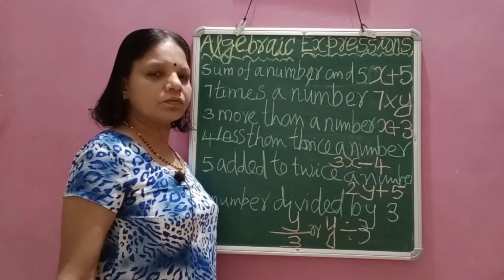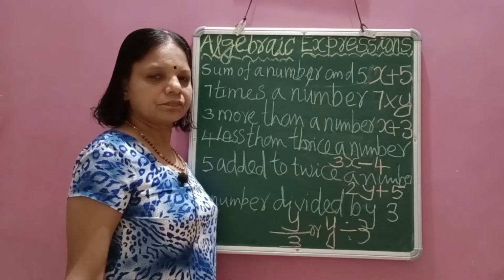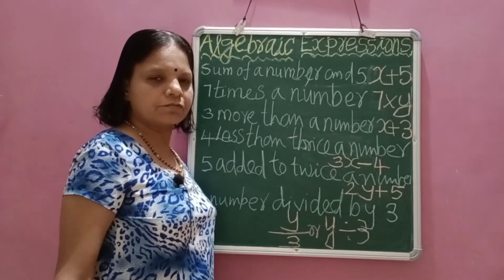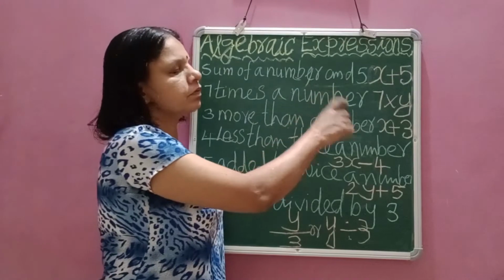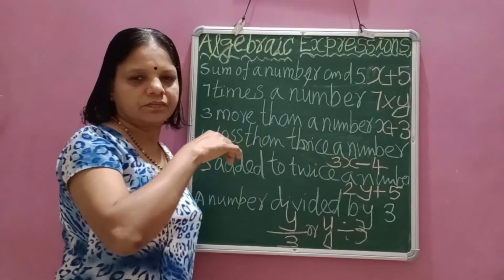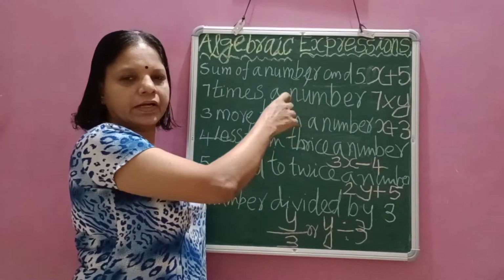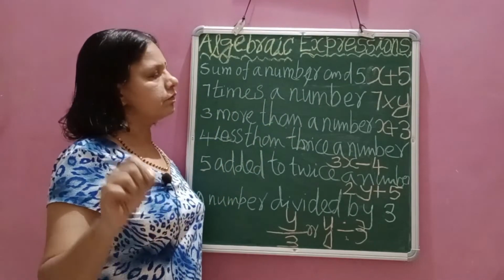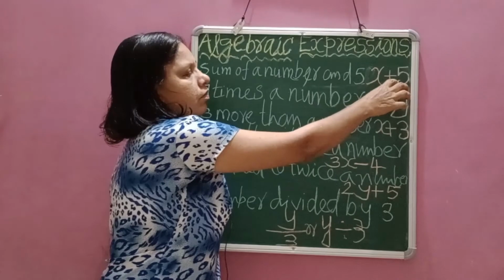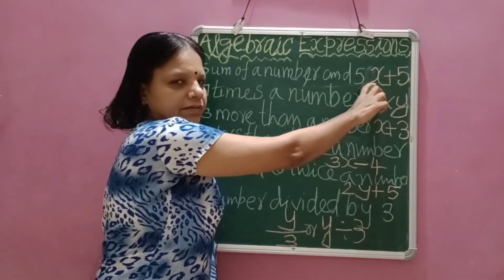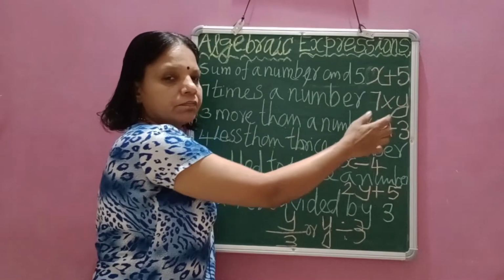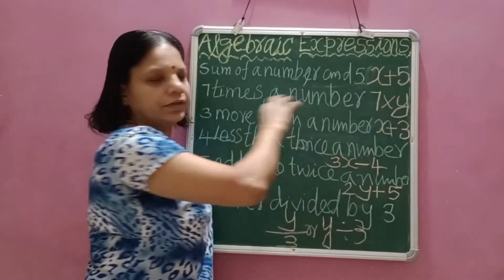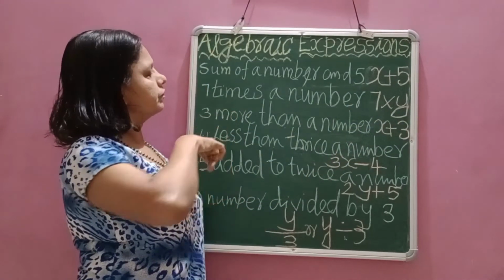Similar to numerical expressions, follow the same method. Sum means plus. So x plus 5. What does it read as? Sum of a number and 5. Sum of a number, what is that? x. We do not know which number it is. x and 5.